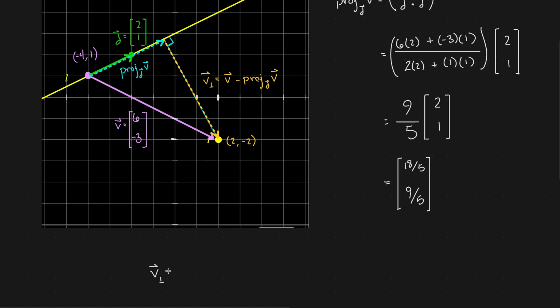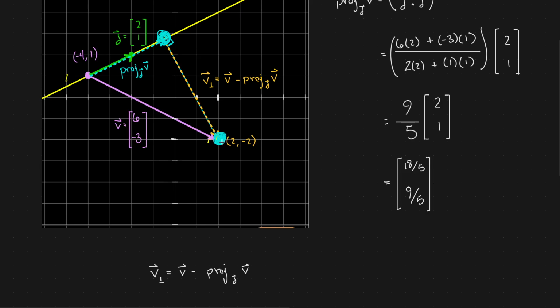V perp is equal to vector V minus the projection of vector V onto vector D. Okay, and just to reiterate, I'm just doing end minus start to find my vector, right? I want my projection vector to end here. I want it to start here.